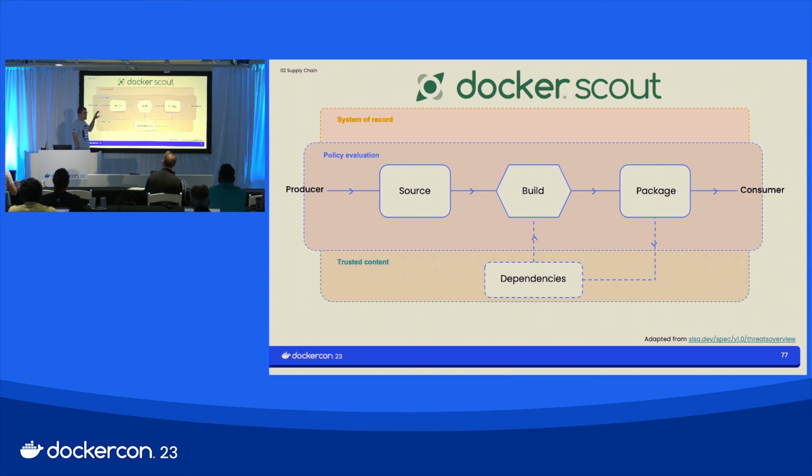Because Scout understands what's going on across your entire software development lifecycle, across your entire software supply chain, and it's a system of record, it understands what is deployed at any time. And so when a new build comes in, it knows if you've made things better or worse or stayed the same.